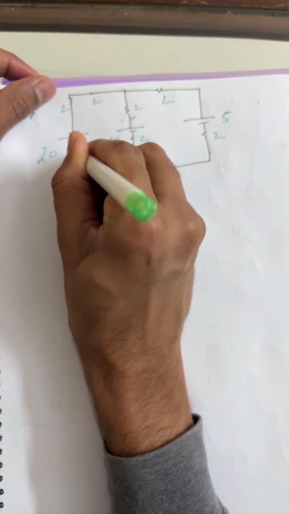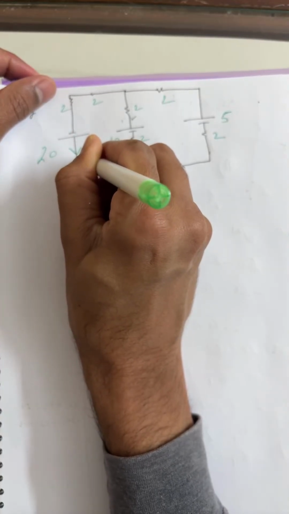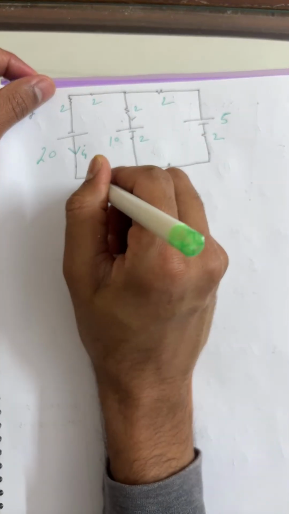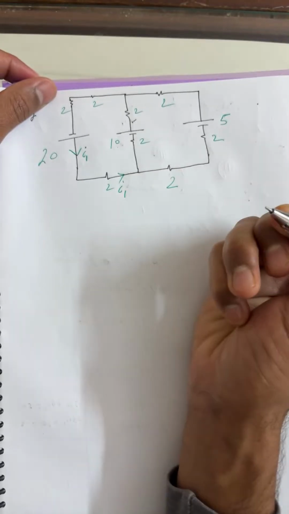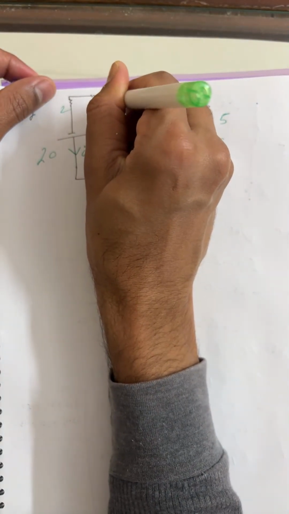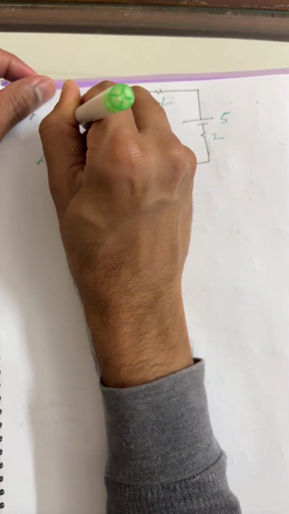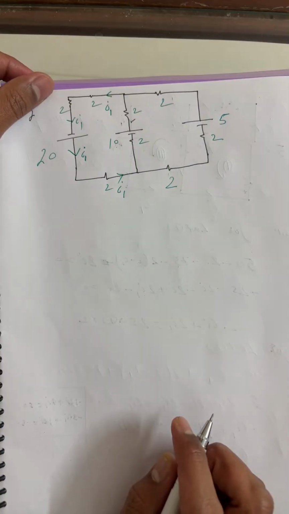So I'm considering this as I1, or you can take I1, I2. Let us suppose this is I1. So this remains I1. For the circuit in series, this is also I1.